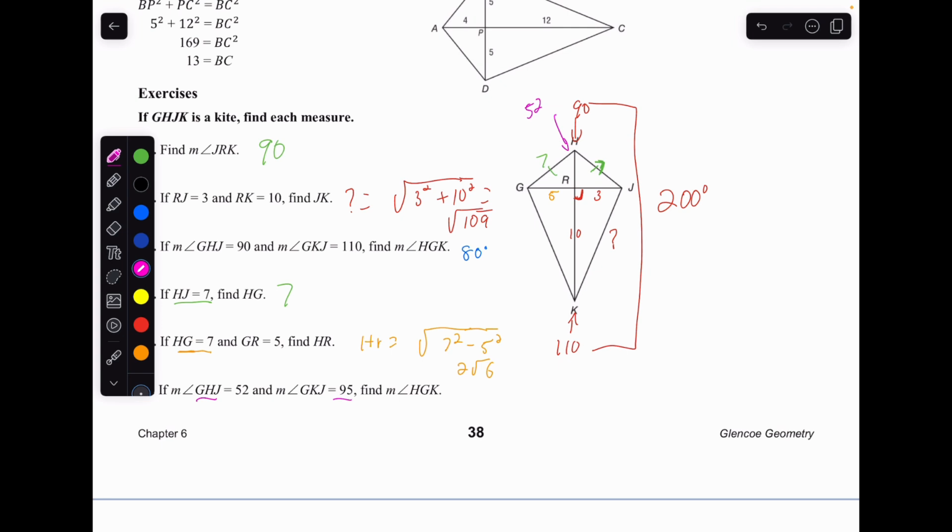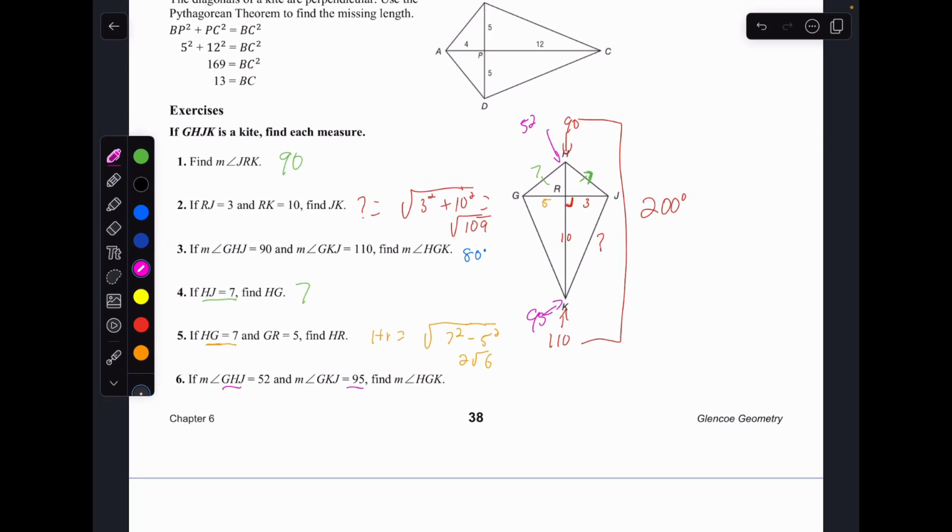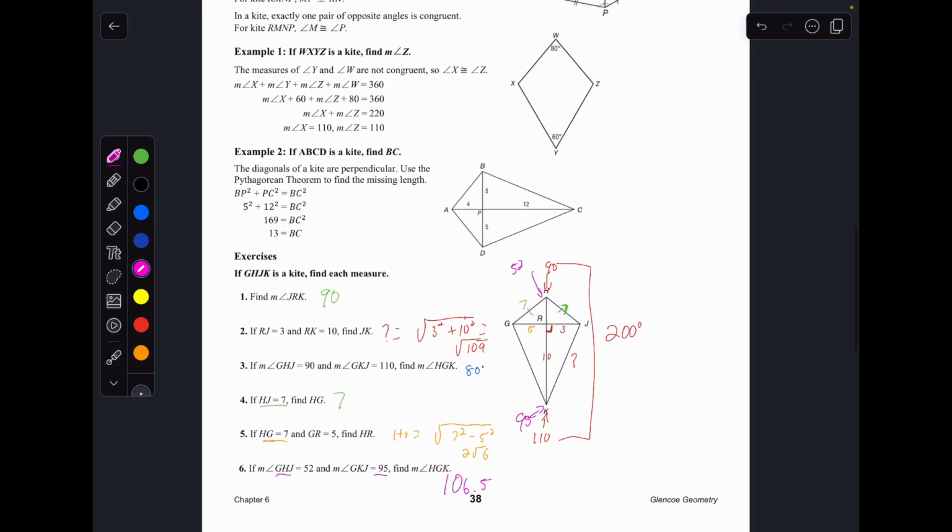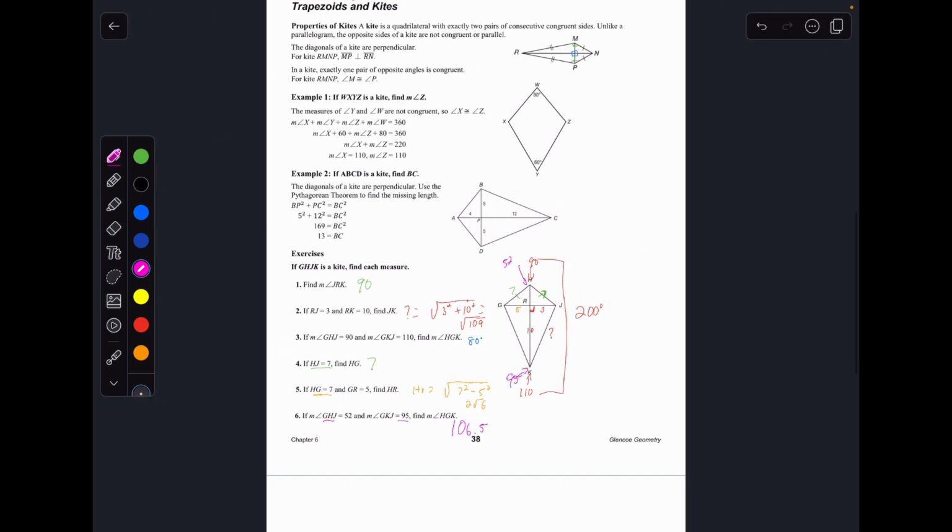GKJ is 95. So this problem, you are going to do it exactly the same way that we did problem number 3. And for that one, you end up with 106.5. Okay.